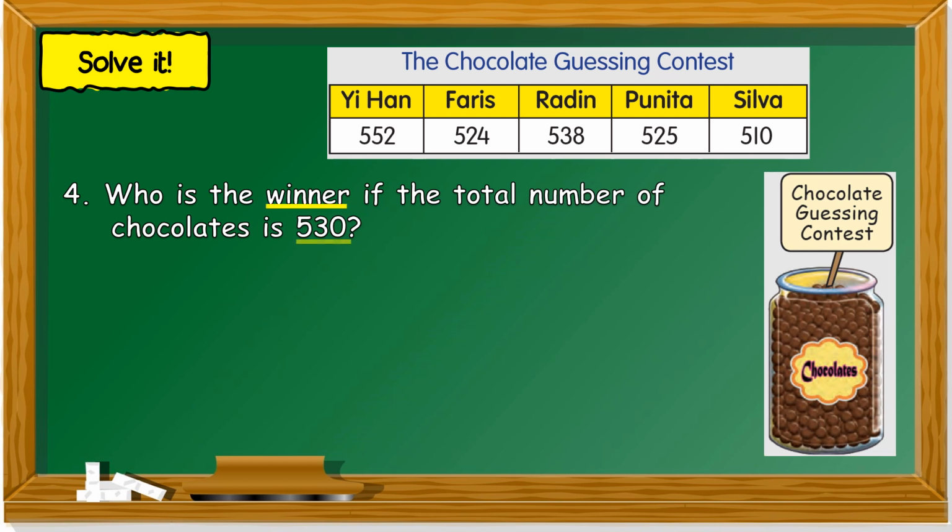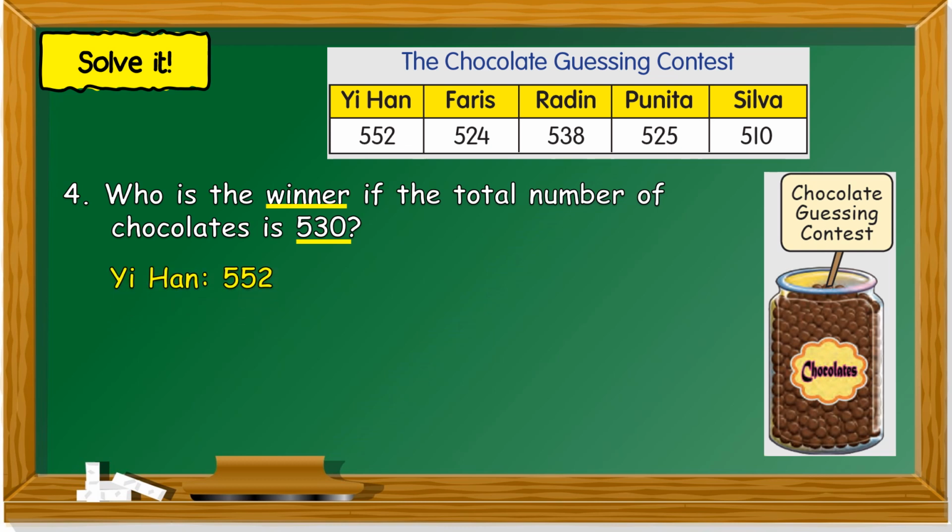Anyone guess 530? No, tak ada orang dapat jawab dengan tepat. Jadi kita cari nombor yang paling dekat dengan 530. We find the number which is the nearest to 530.